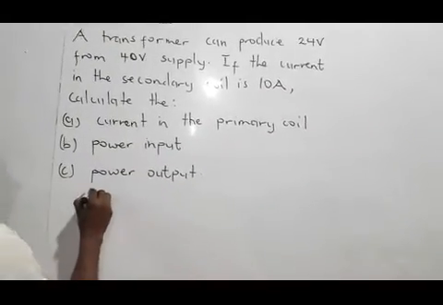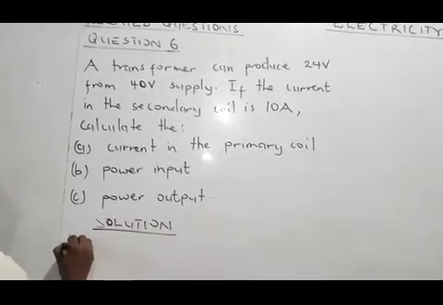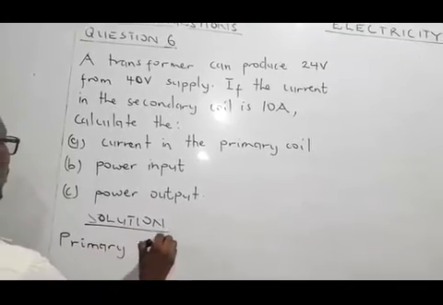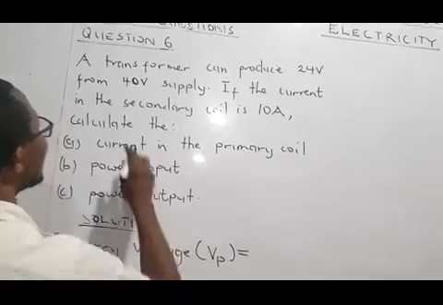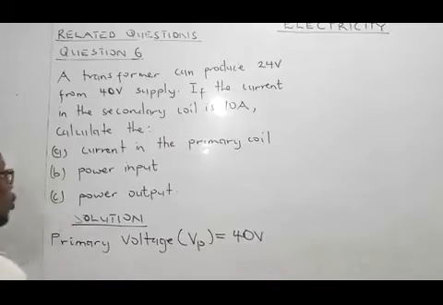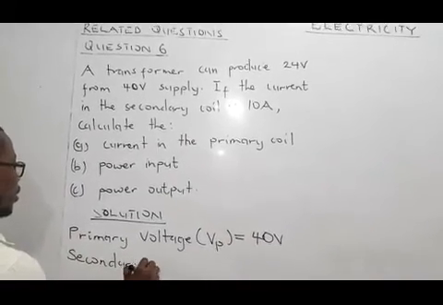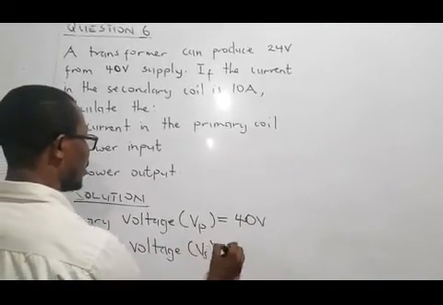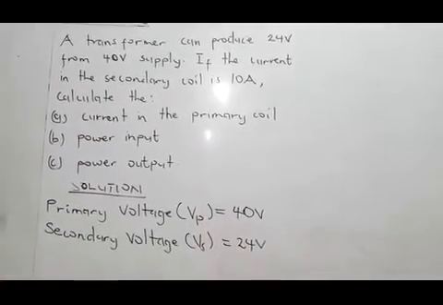Okay, so we have the primary voltage, VP, which is the input voltage here as 40 volts, and the voltage that is being produced is the output voltage, where it is equal to the secondary voltage, Vs. You interchange the positions of these two voltages, you are wrong.